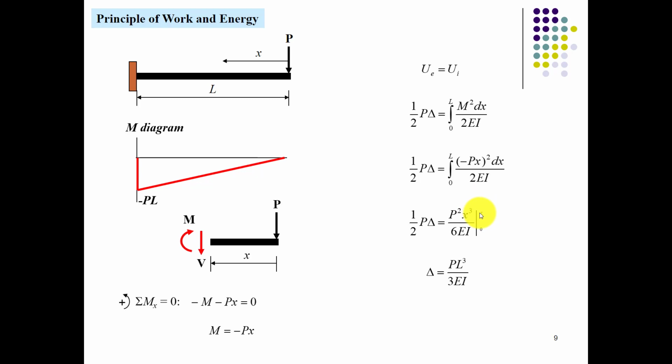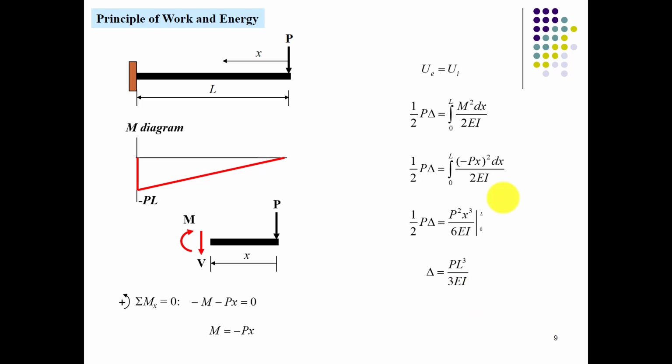So you have a delta value for the flexural case: delta equals PL cube over 3EI. So you can calculate the delta by the principle of work and energy, delta equals PL cube over 3EI.